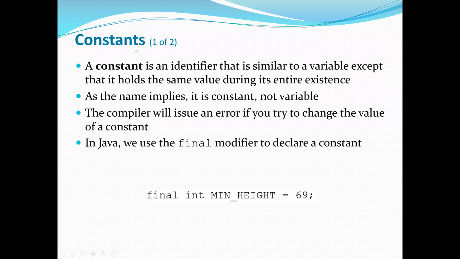Next, we have something called a constant. In Java, for example, we have a value and we store that value in a variable. Let's say I'm doing some calculation, but we have 100 salesmen, and they are all making the same commission, let's say 2% of their total sales.